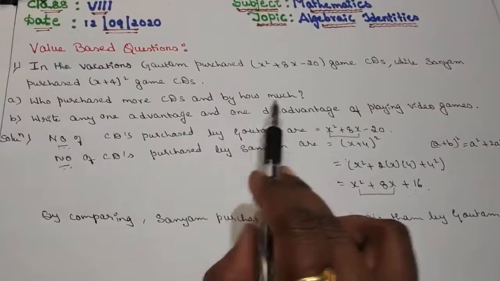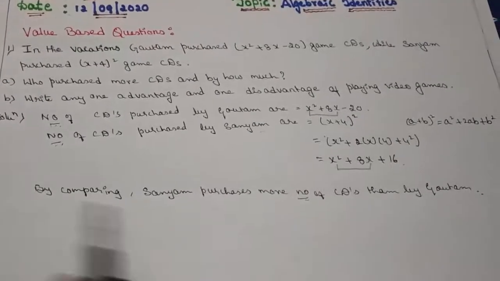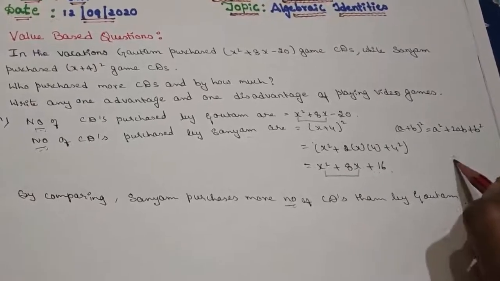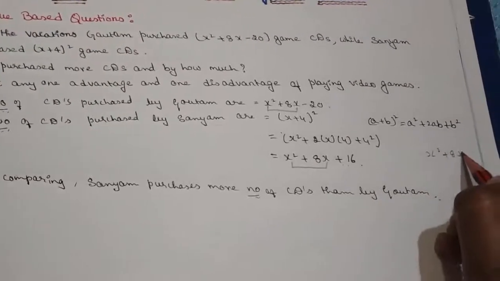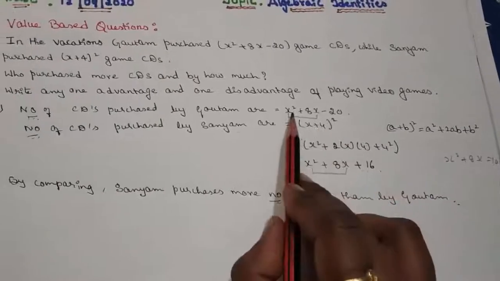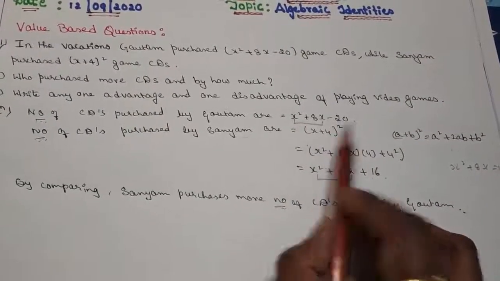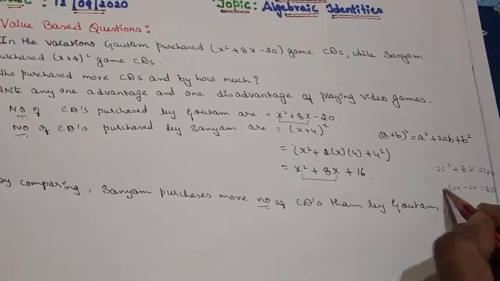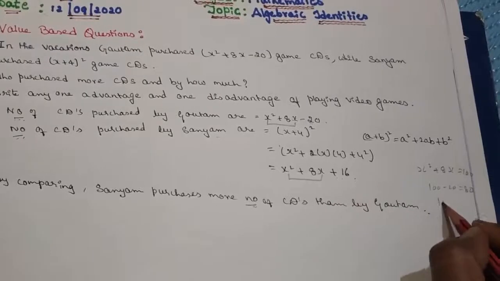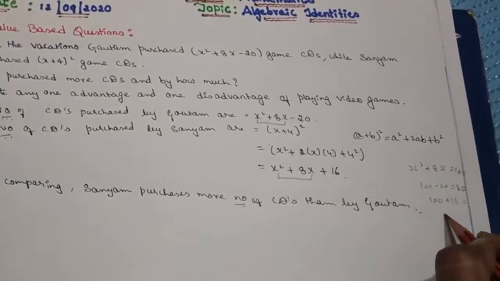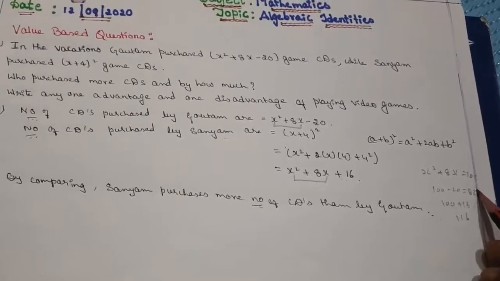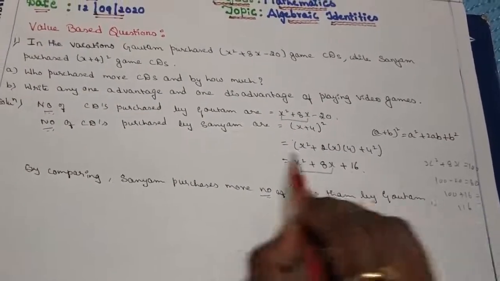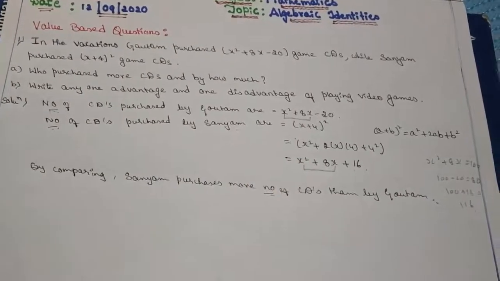Next, by how much are they more? Suppose I take the common terms, x square plus 8x, equal to 100. Then 100 minus 20 is equal to 80, which is Gautam. With Sanyam, 100 plus 16 equals 116. So here we have 80 and here we have 116. So Sanyam is purchasing more number of CDs compared to Gautam.